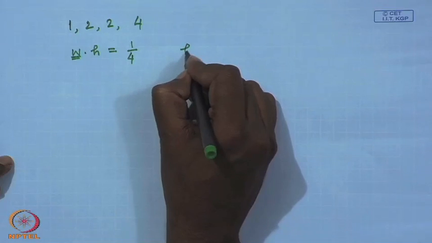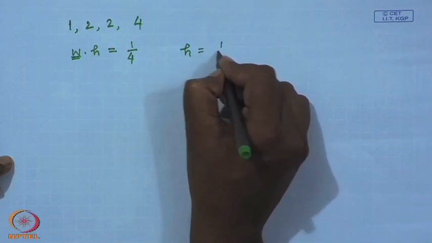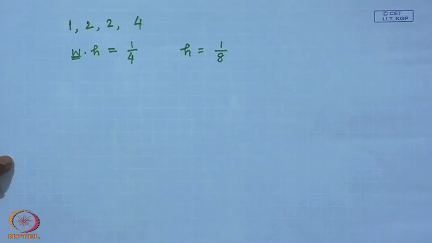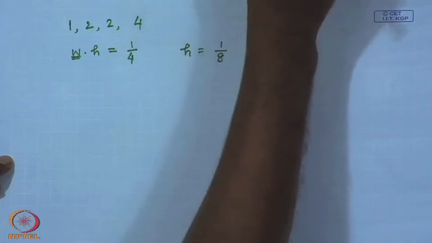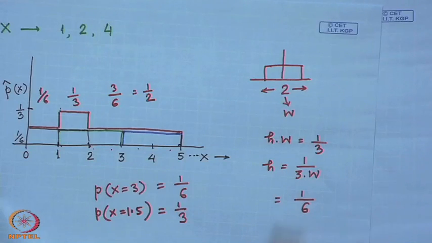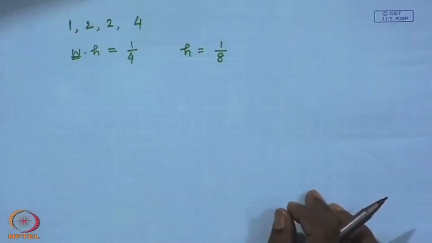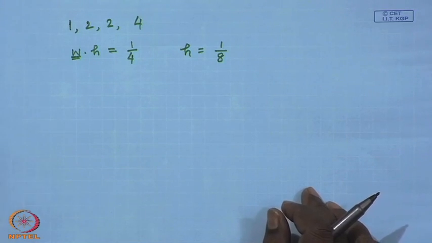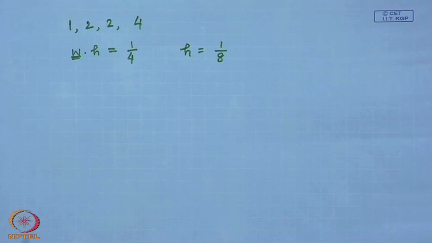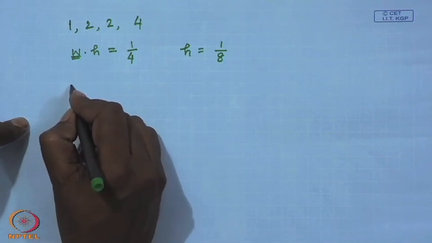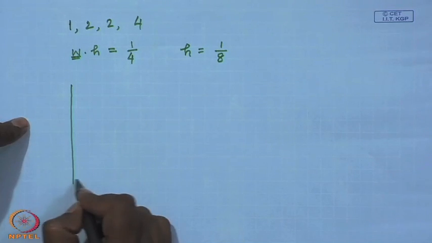So, height of every window will be 1 upon 8 instead of 1 upon 6, which we had when we had only 3 samples. Now, we have 4 samples, though there are 2 samples at x equal to 2.